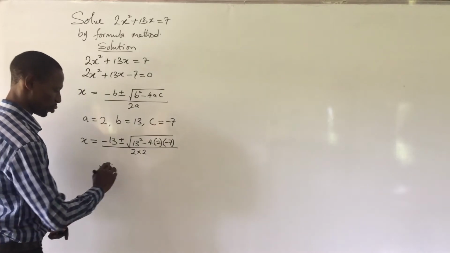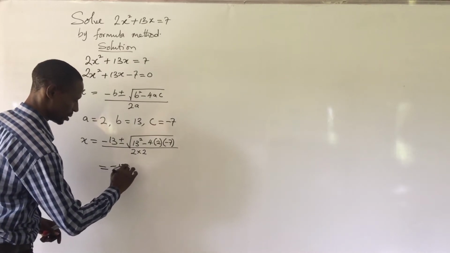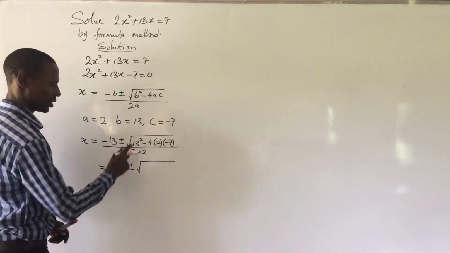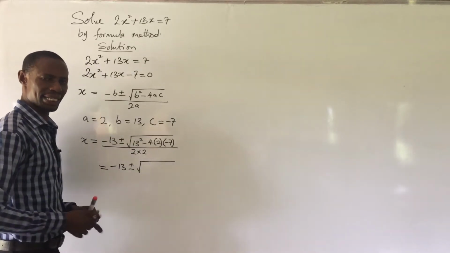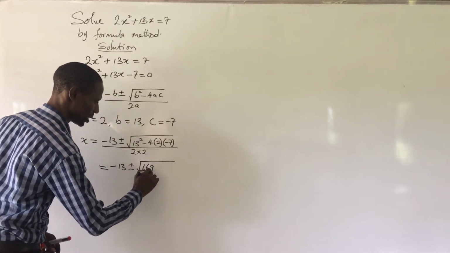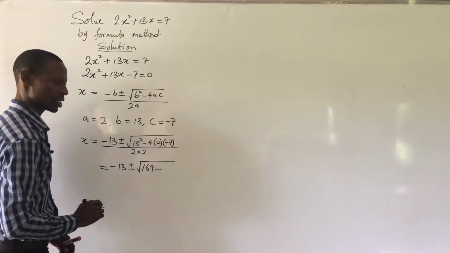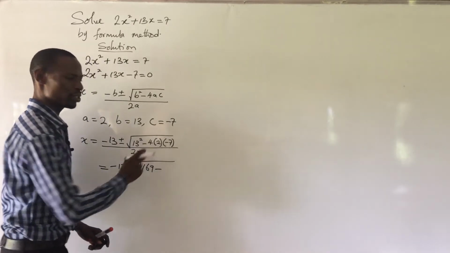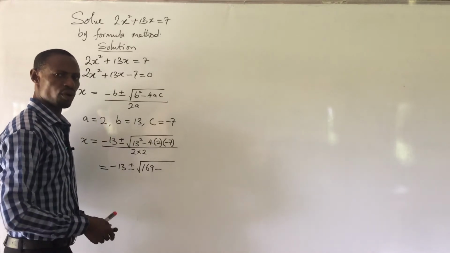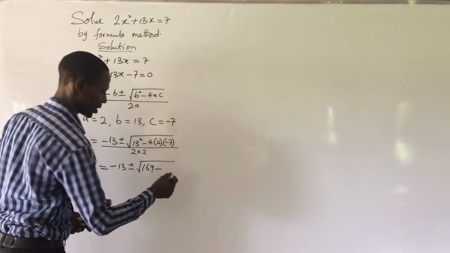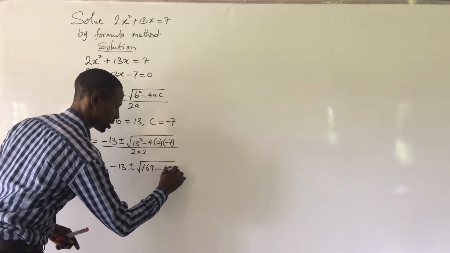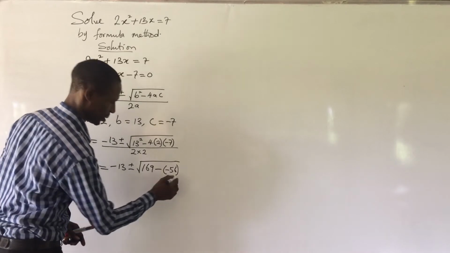This is equal to minus 13 plus minus the square root of 13 squared, which means 13 times 13, and that will give us 169, minus 4 times 2 will give us 8. And 8 times minus 7 will give us minus 56. So we have bracket open, minus 56, close bracket.